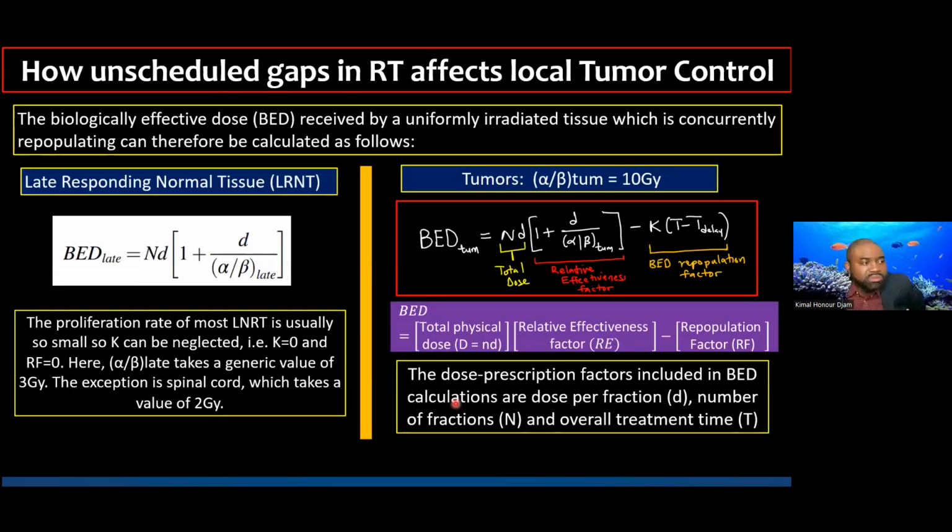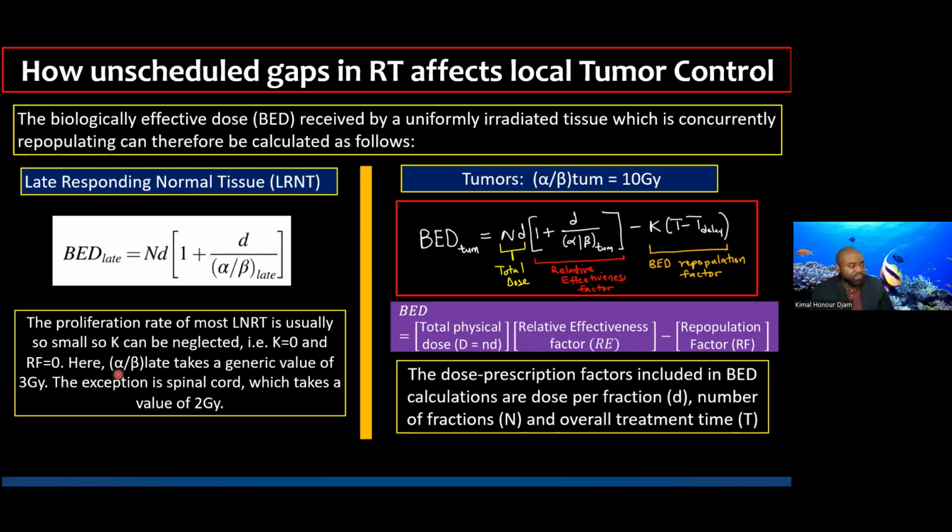Now, to break it down more simply for you, on the right side of the graph, we have the BED for late responding normal tissues. It's the same as the initial BED. Here's my rationale for simplifying this equation this way. The proliferation rate of most late responding normal tissue is typically very small.